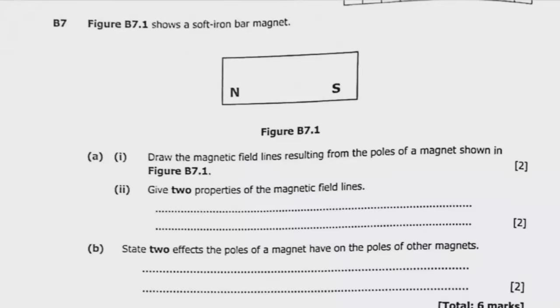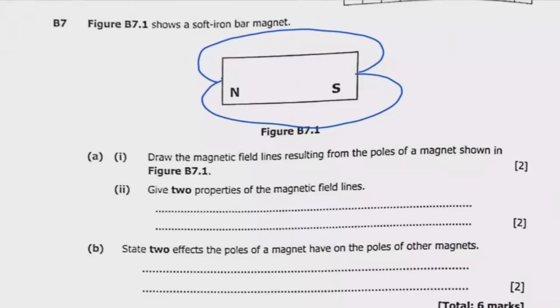To draw the magnetic field, we can draw it like this. I may not be accurate with the way I'm drawing, but approximately this is how we draw it, and again we draw something like this. This is the magnetic field of the bar. Please bear with me, the arrows should be pointing like that. Once we've drawn like that, we have answered question A1.